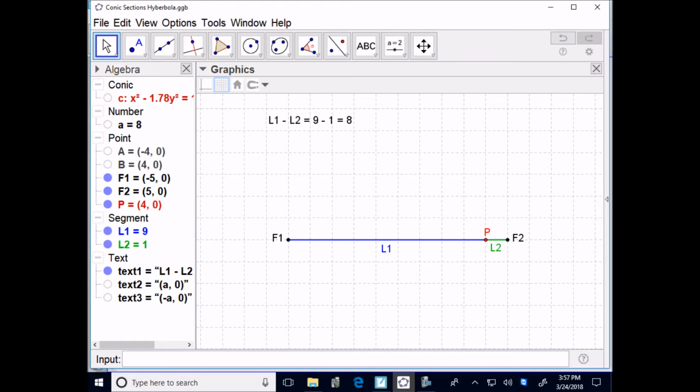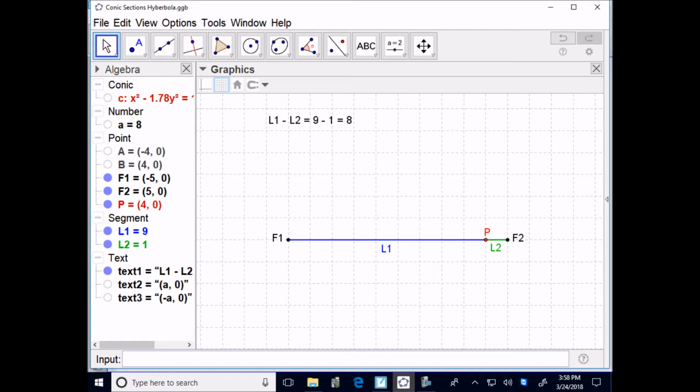So right here, our first foci has a distance of L1 from our point on the hyperbola, and our second foci has a distance of L2 from our point on the hyperbola. L1 minus L2 is going to be a length of 9 for L1 minus a length of 1 for L2, giving us a constant 8.